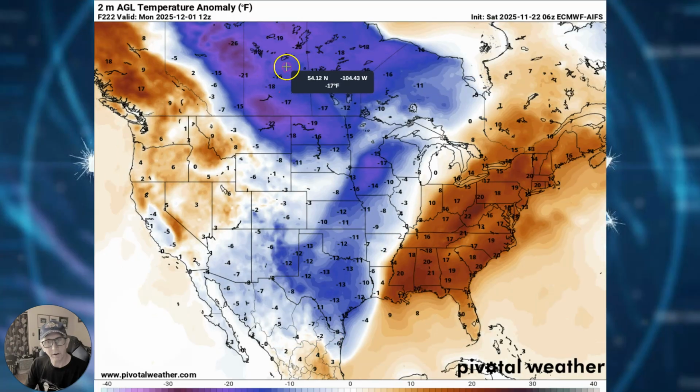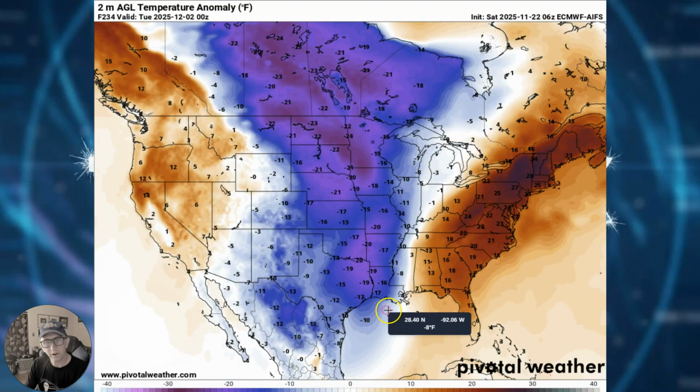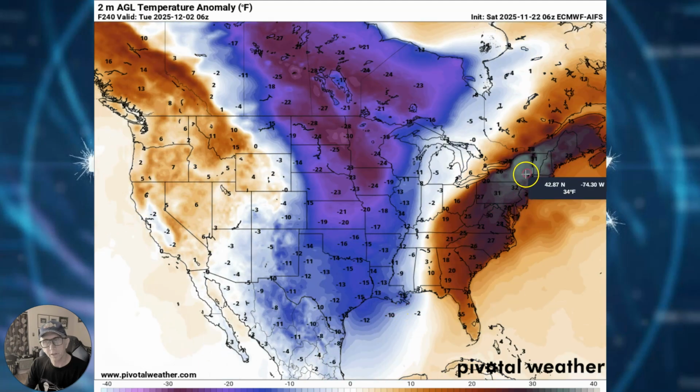You see what we got here. This is your first initial cold push. Look how warm it is up here along the East Coast. Cold front dipping way to the south. Look at the anomalies up here, how warm it is, 30, 40 degrees above normal.